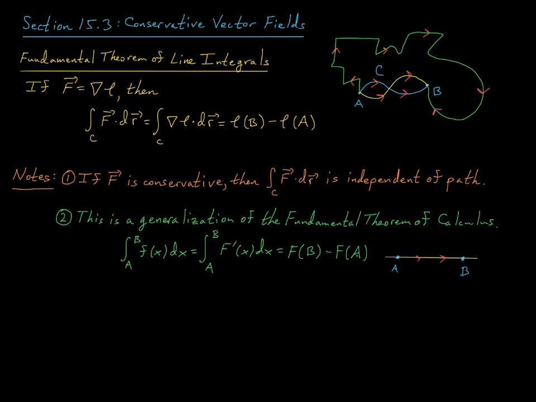The next comment I want to make here is that this statement looks like the fundamental theorem of calculus, and in fact, it is a generalization of the fundamental theorem that you see in Calc 2. There, you're integrating a single variable function f, and if f is equal to the derivative of some function capital F, we call capital F an antiderivative of little f.